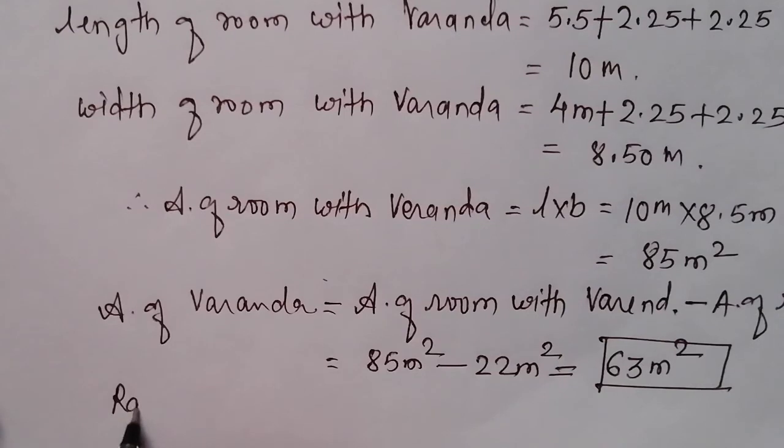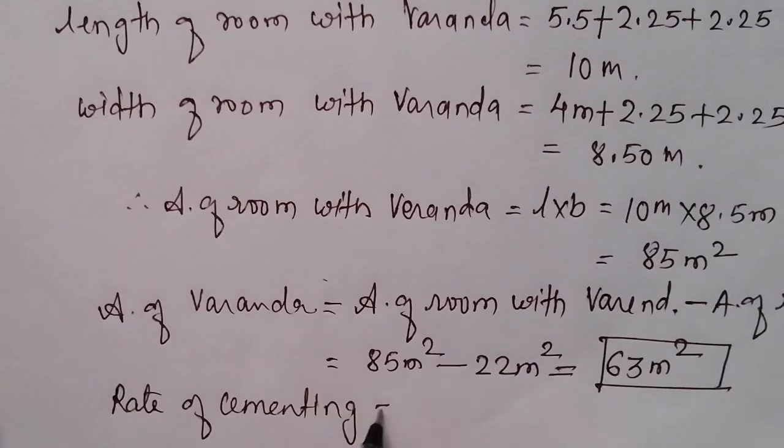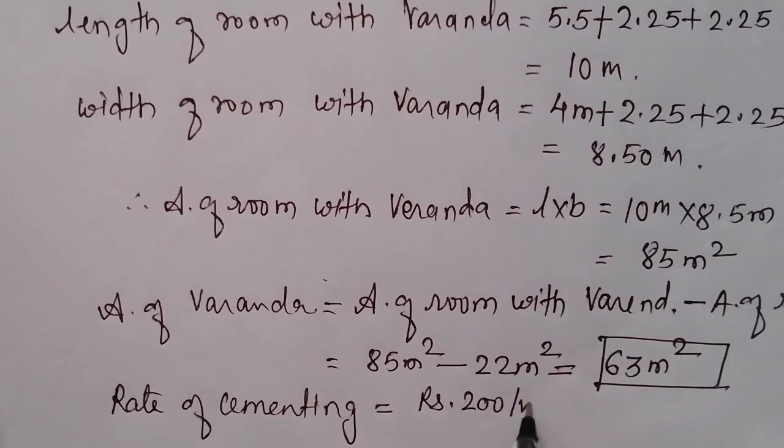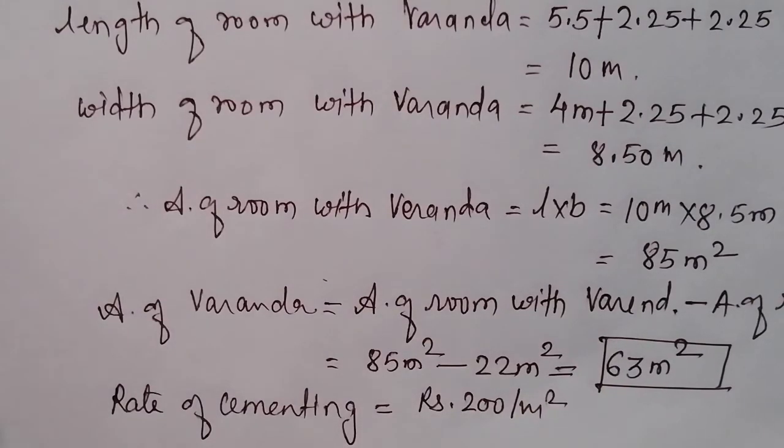So the rate of cementing is equal to 200 per meter square, right?